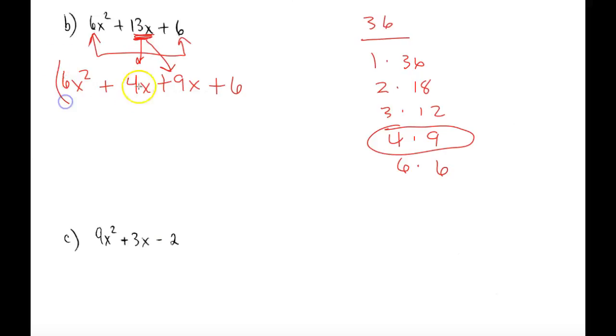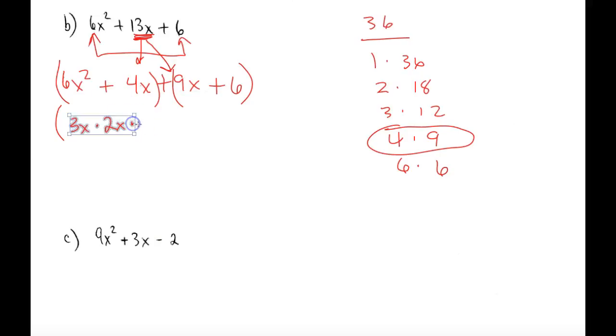And then from there, we are going to group 2 and 2, and then we will factor out the greatest common factor for both. So for 6x squared, we know that this could be written as 3x times 2x.